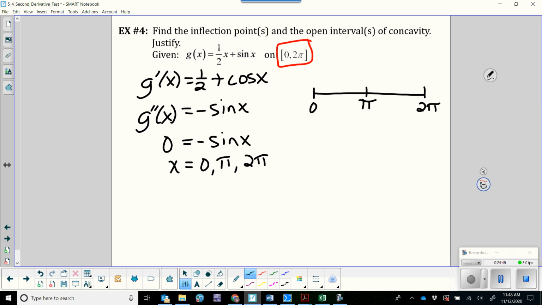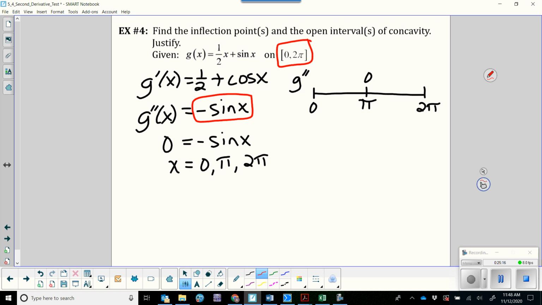And then again we're answering about g double prime. So we know g double prime was 0 here. And g double prime, if I pick a number between 0 and pi, and remember what I'm doing, I'm trying to answer what sign, S-I-G-N, do I get if I pick something from 0 to pi. Well, think about that. That's the top half of the unit circle.